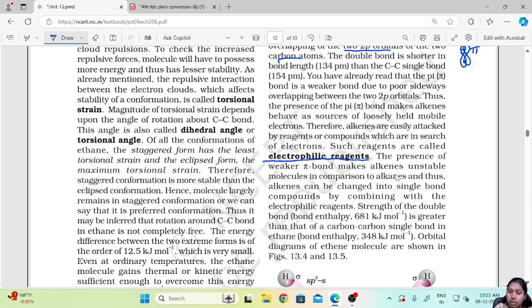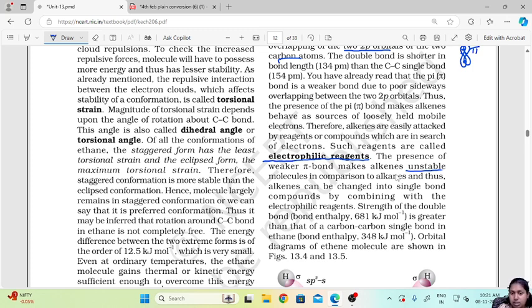So alkenes are considered to be unstable compared to alkanes, because alkanes only have single bonds which are tightly held, whereas alkene has a pi bond which is loosely held, and electrophilic reagents or electron deficient reagents can obtain those electrons from alkenes.